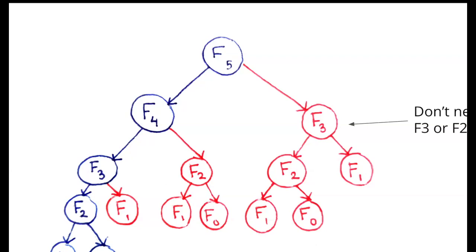So it'll be like a 1D array where each index will represent each element in the Fibonacci sequence. So since you computed 3 already, you don't need to compute it again when you need to sum up 4 and 3. So it's much faster. You save all of the red work, and then you only need to compute the blue work you see here. So yeah, it's a lot faster.